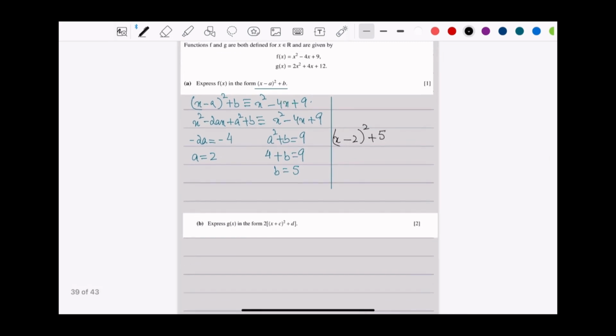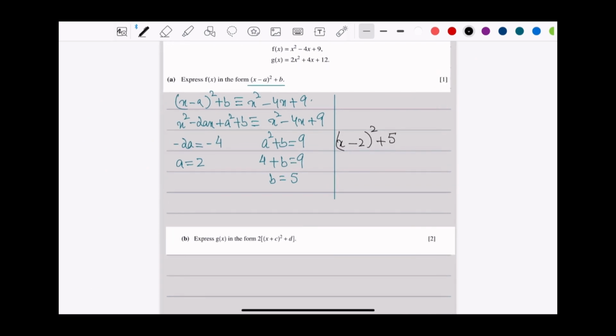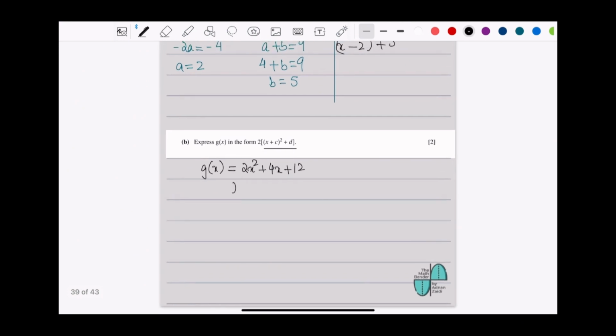Now express g of x in the form. If I take g of x first, as you see, 2 has been taken common throughout. So g of x is equal to 2x squared plus 4x plus 12. Now if I take 2 common, it will become x squared plus 2x plus 6.